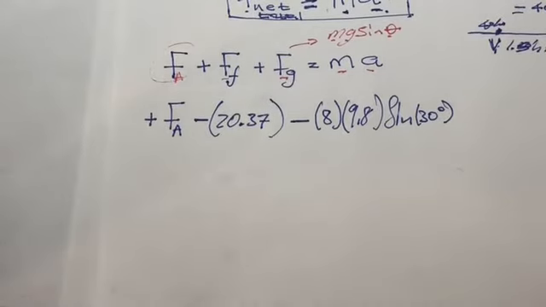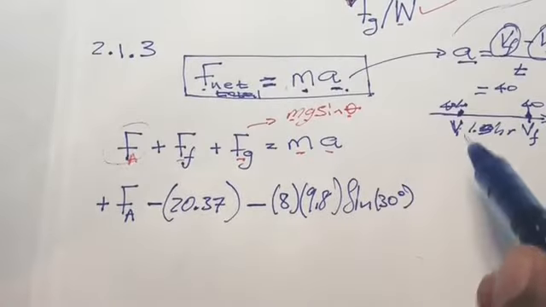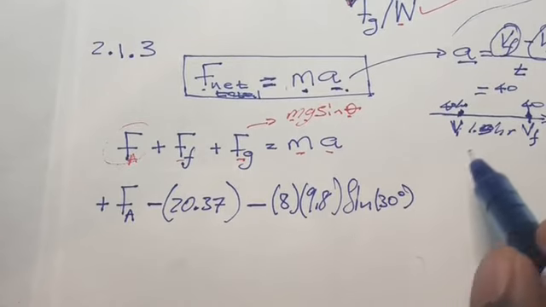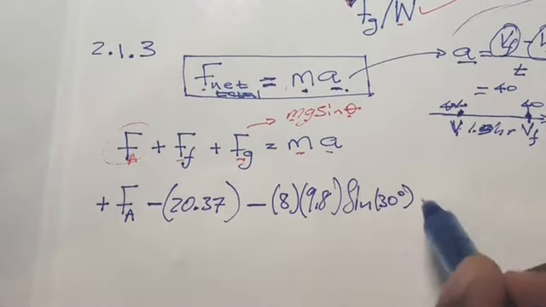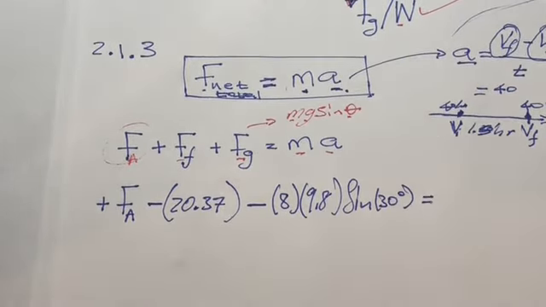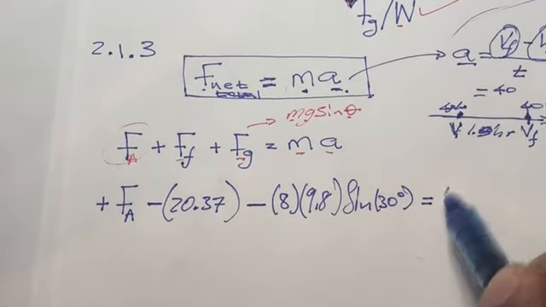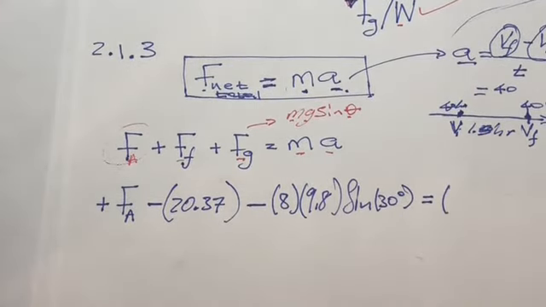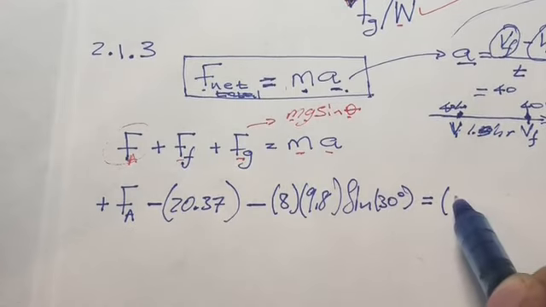I think that information will help you tackle some of the questions. We have substituted everything, so now it's just a matter of equating it to the right side of the equation. What is our m? Our m is 8.